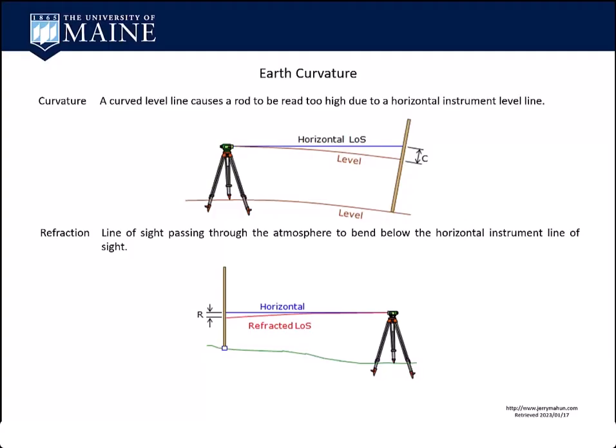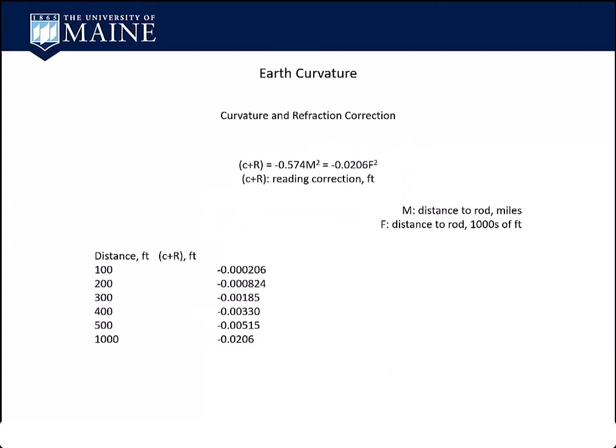So most of the time they combine these errors, and they can calculate them based on the distance from the instrument to that object that is being observed, the prism pole. These apply equally to total stations. There's a setting on your total station that there's maybe 2 or 3 selections you can make for K, which is what they call this sometimes, K factor. And because they're both, they just combine them.